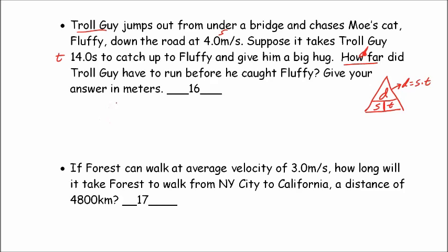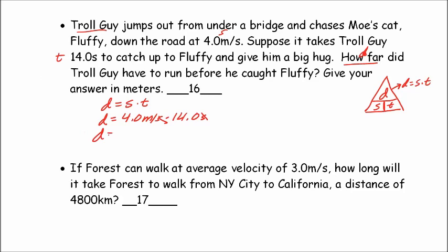We're going to bring this equation over here. Distance equals speed times time, just like that. So distance is equal to the speed. In this case, the speed is 4 meters per second, times the time, 14.0 seconds. And we notice that the seconds are going to cancel out here.